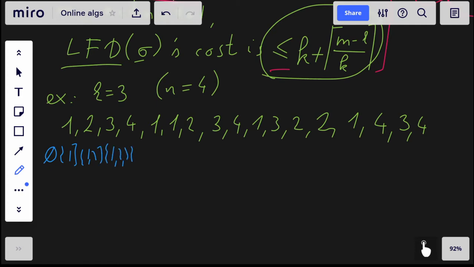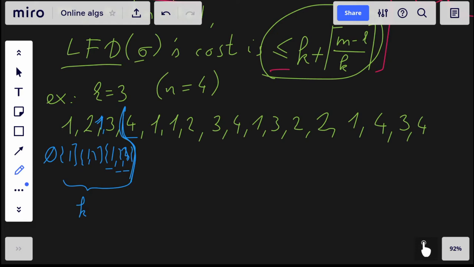The longest forward distance. Here I'm drawing a line. I'll call this part the end of some phase. Now 4 arrives and I have to decide which of these 3 elements to discard. So far the algorithm spent k cost. It might happen that, say, here I also have a 1, and the cost will also be k.